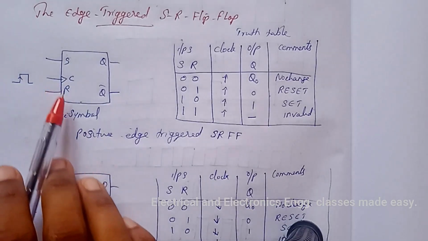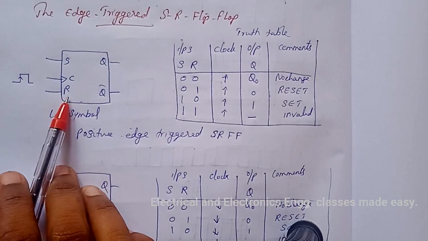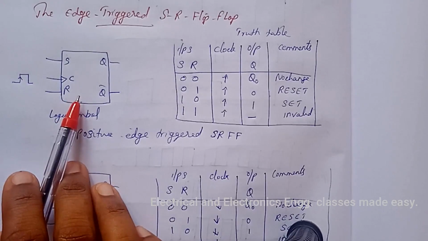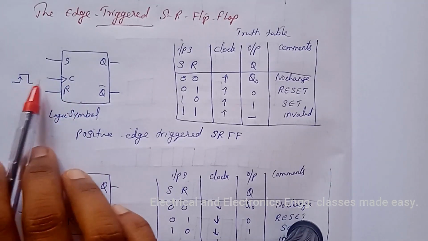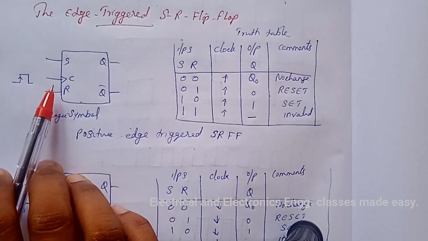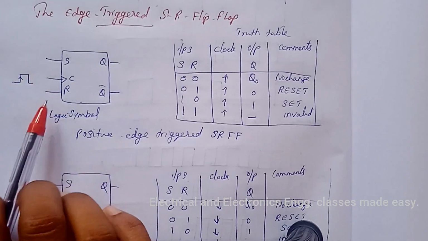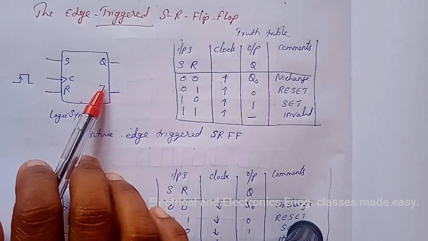The S and R inputs are called the synchronous control inputs, because data on these inputs affect the flip-flop's output only on the triggering, that is positive going edge of the clock pulse. Without a clock pulse, the S and R inputs cannot affect the output.